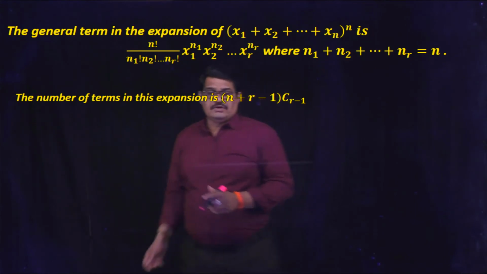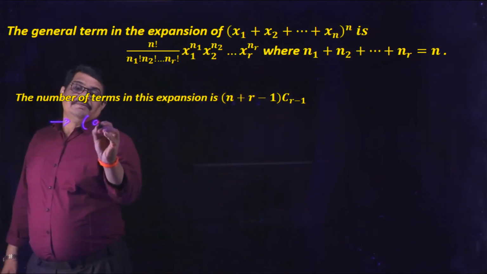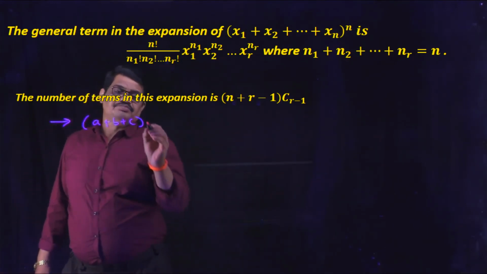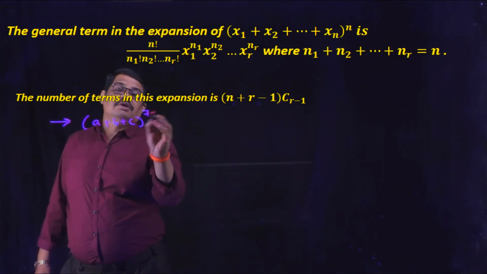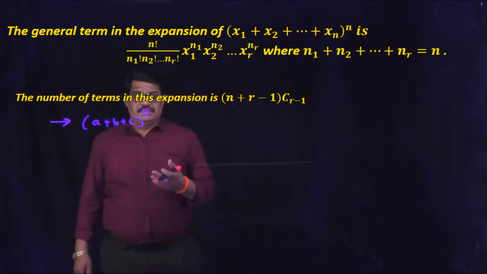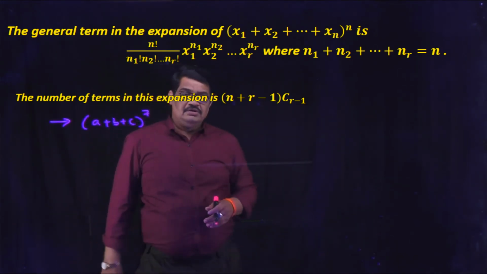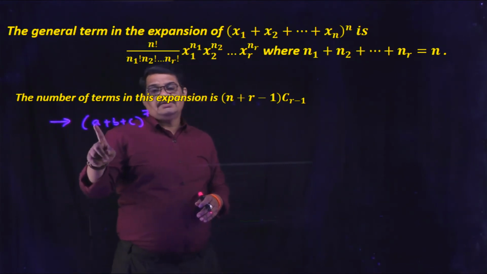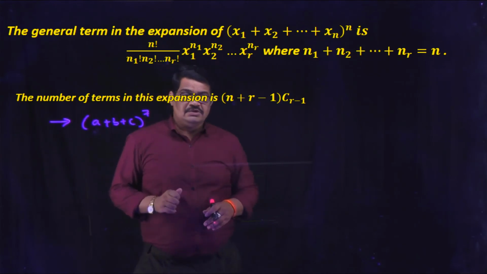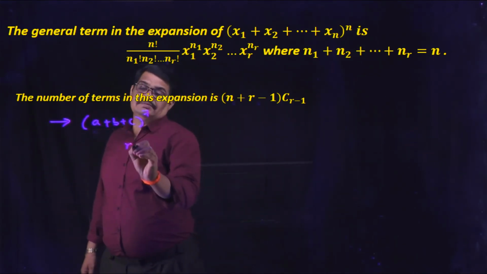Okay. For example, take (a + b + c)^7. What is the number of terms in the expansion of (a + b + c)^n? Here how many terms? Here 3 terms. So a + b + c, there are 3 terms. Here r is 3 and n is 7.